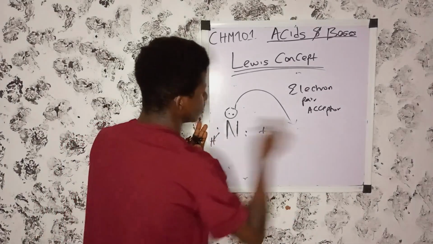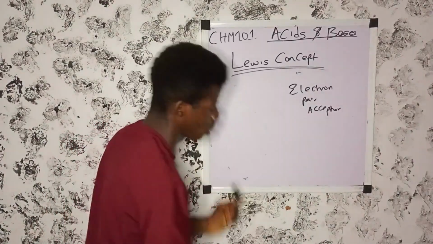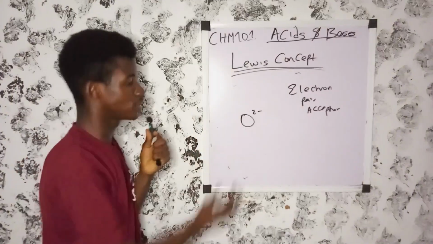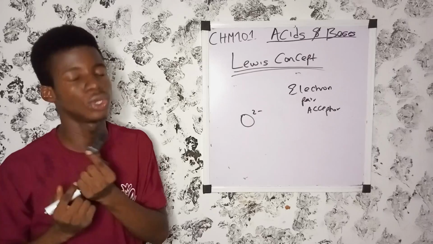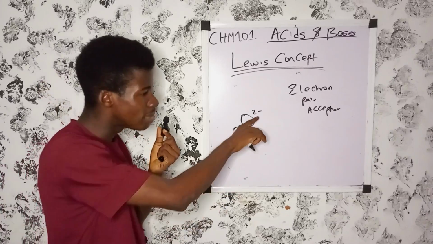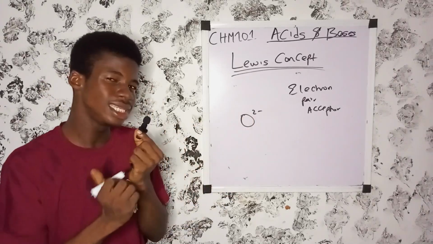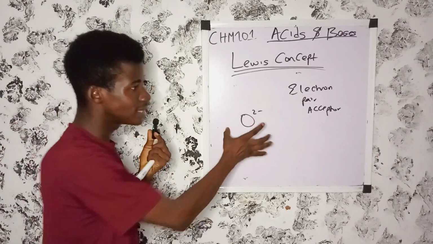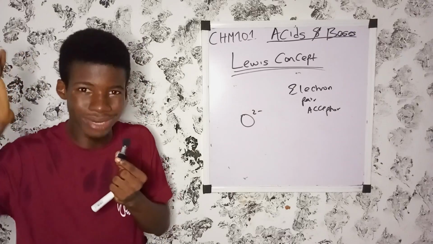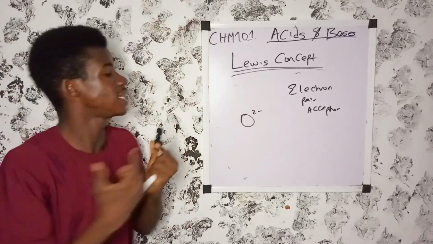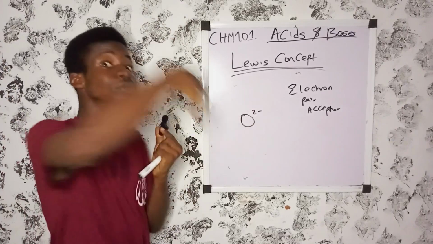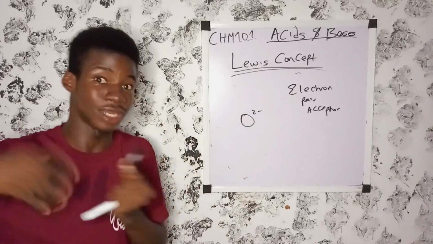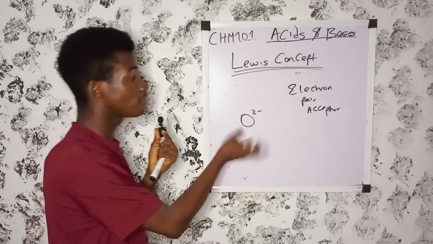Now, what about this? Let me be fast. O2 minus, is it a Lewis base or a Lewis acid? O2 minus means that it has already accepted two electrons. This tells you that it has more electrons and is capable of giving out electrons.